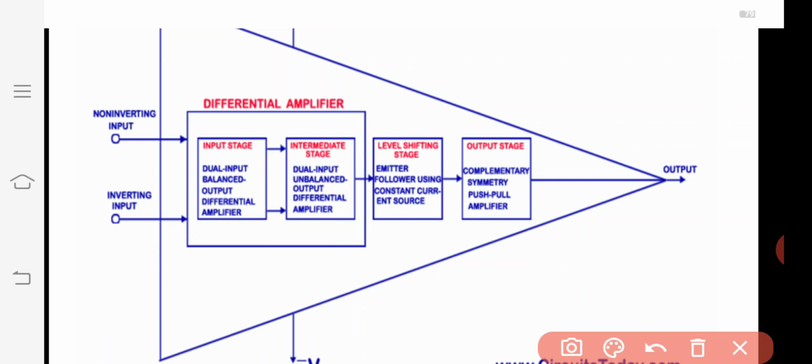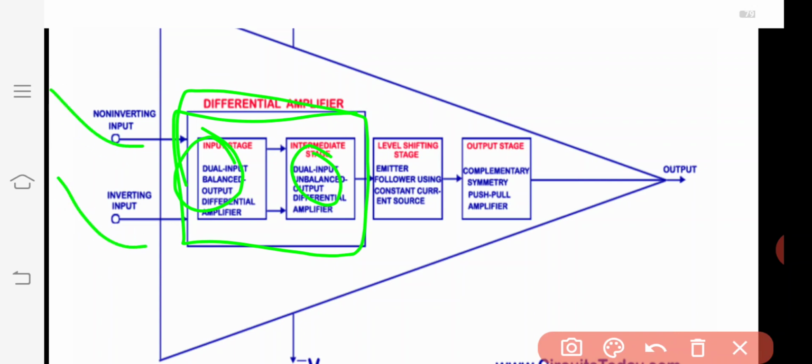We study about the differential amplifier: dual input balanced output is used in the first stage, and in the intermediate stage a dual input unbalanced output differential amplifier is used. These are the two types of differential amplifier used for amplification of the signals.